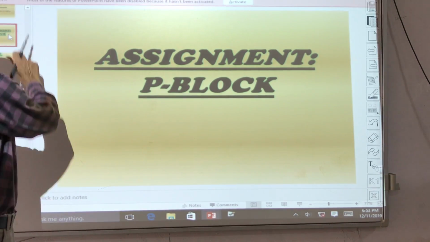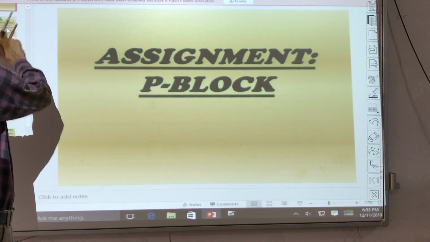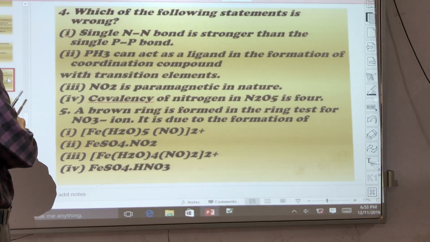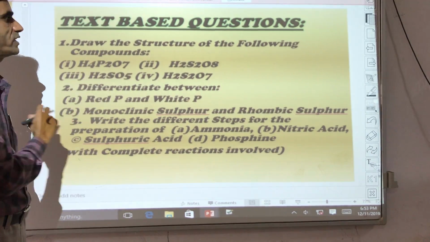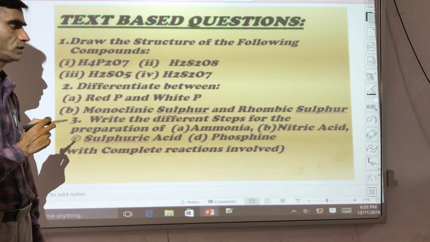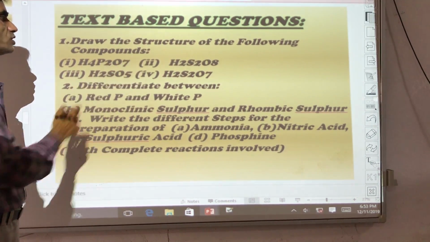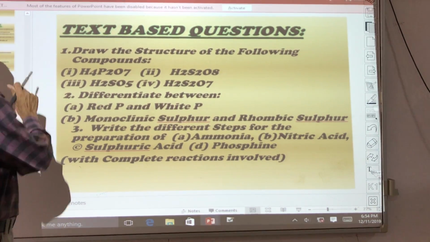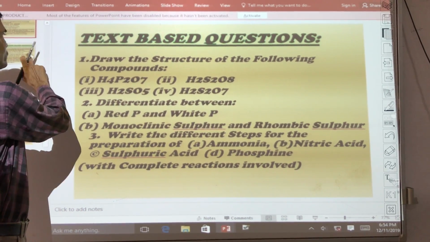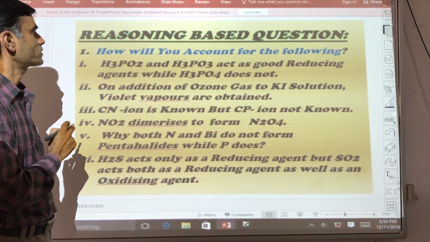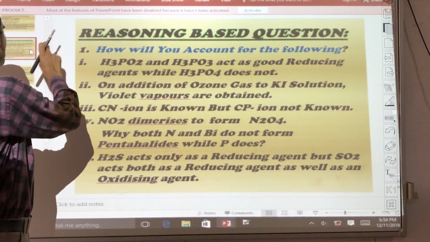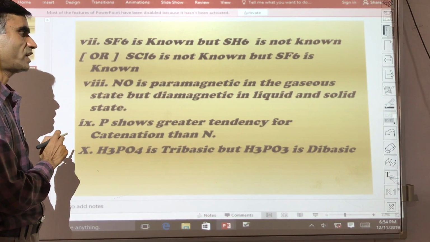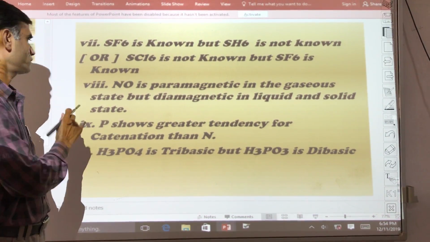In the assignments you can practice multiple choice questions, reasoning based questions, and draw the structure, as I just told you for H4P2O7. In the 16th group also we will discuss the difference between red and white phosphorus, monoclinic and rhombic sulfur. Reasoning based questions are asked: what is the reason behind that? For example, NO is paramagnetic in gaseous state but diamagnetic in liquid state. At last we will discuss all these.